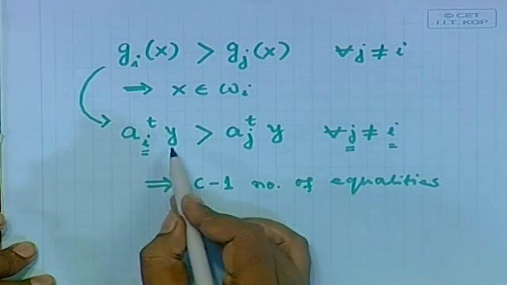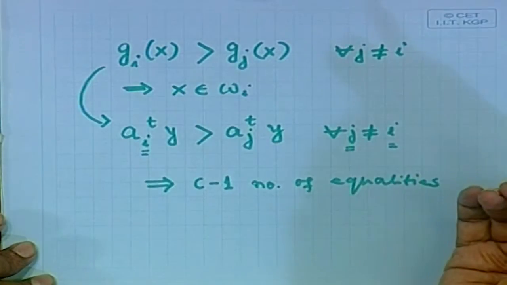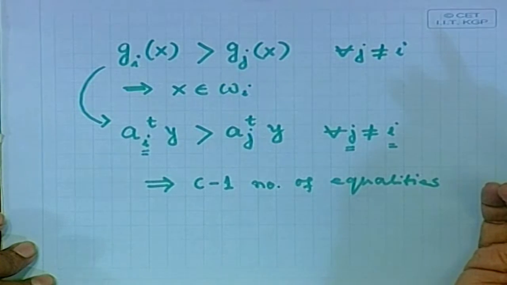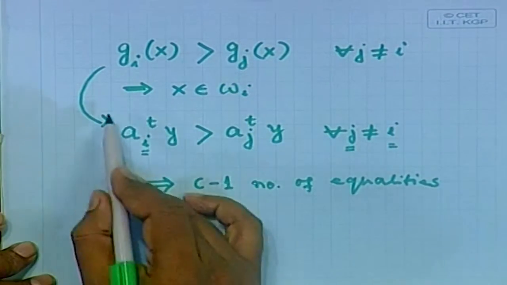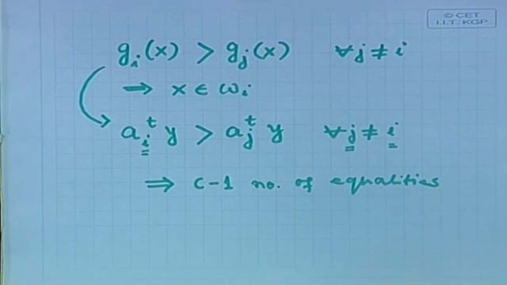Then only can I say that this sample y, or the corresponding sample x, belongs to class omega_1. So this corresponds, for all values of j, to C minus 1 inequalities.